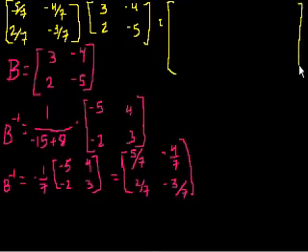I need some space to do my calculations. So let's see. First, I'm going to take this row times this column. So 5/7 times 3 is what? 15/7, plus minus 4/7 times 2.